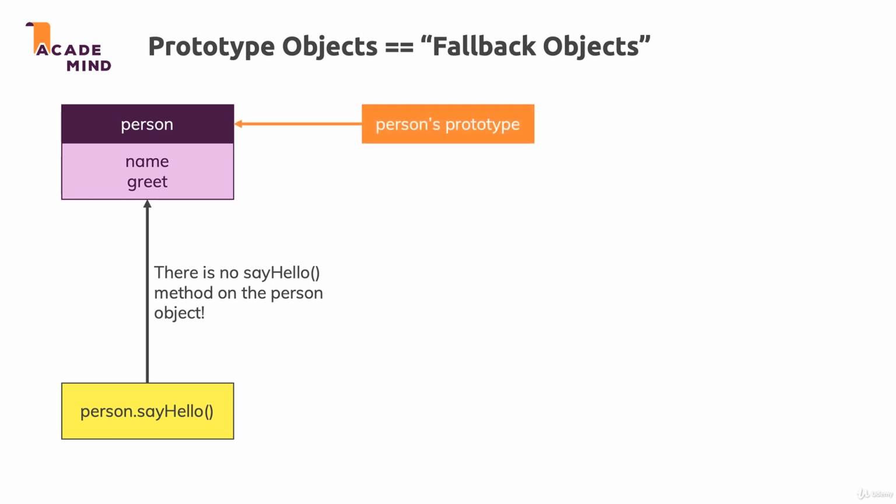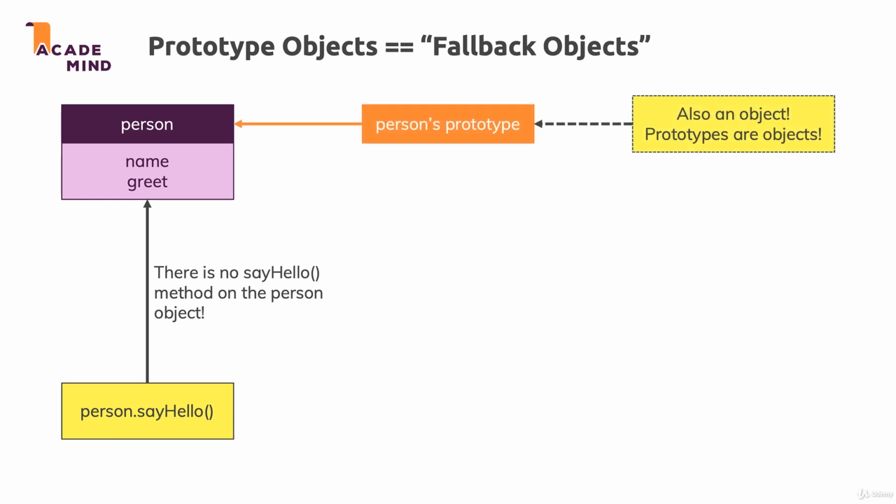So here we have a prototype, and as I said, a prototype is just another object. And by the way, in case you're wondering, yes, this prototype object also will have its own prototype, and I'll come back to this chain of prototypes a little bit later. But back to this prototype here. So this is the connected prototype to the person object, and this prototype object might have a sayHello method.